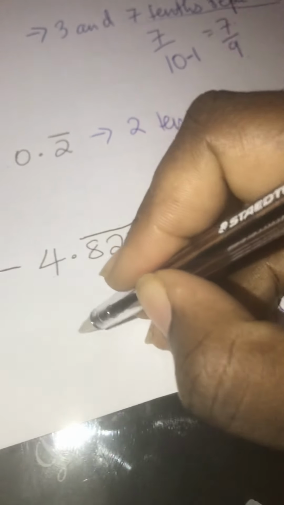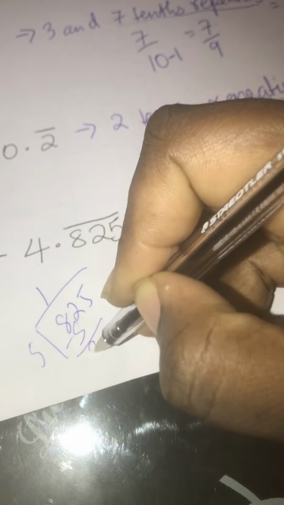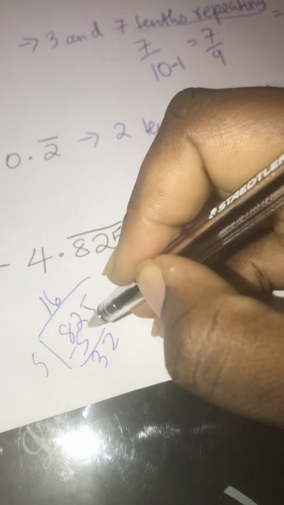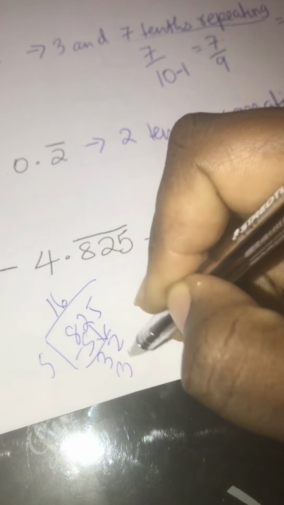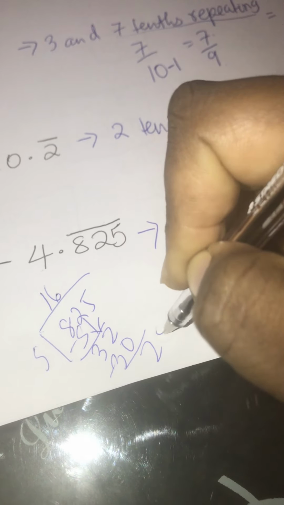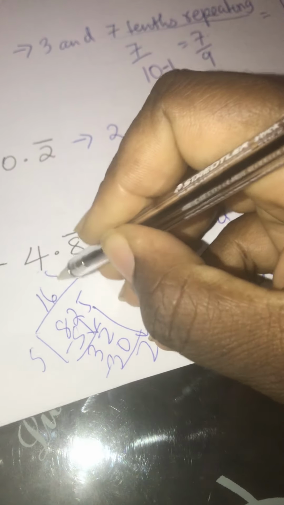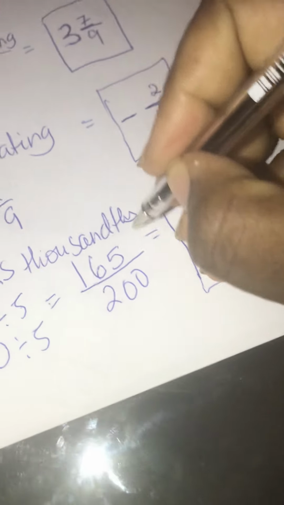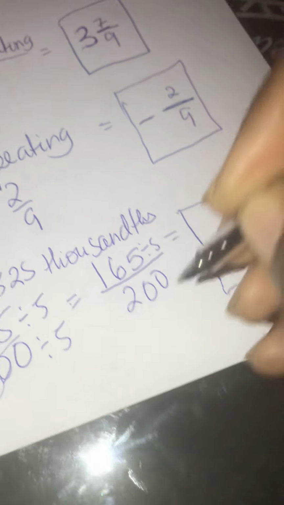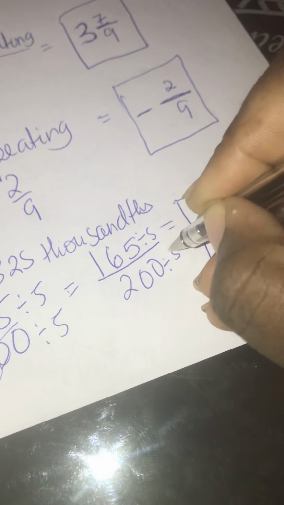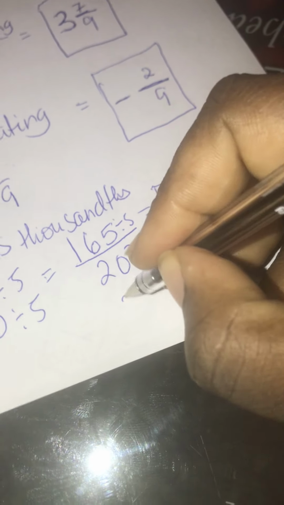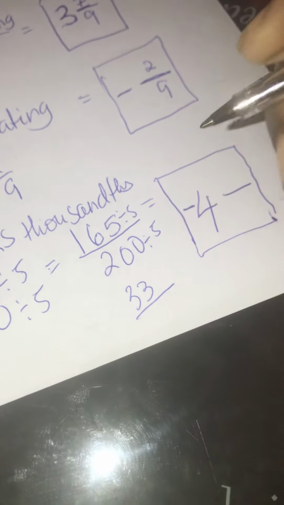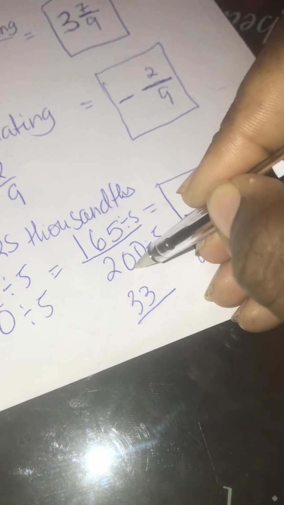Yes. So 825 divide 5. 5 here once. 5 minus 3, 2, 6, 30, 25, 5. Okay. So then I can use 5 again. So I still need to simplify using 5 and 5. So that's 33 out of 40.